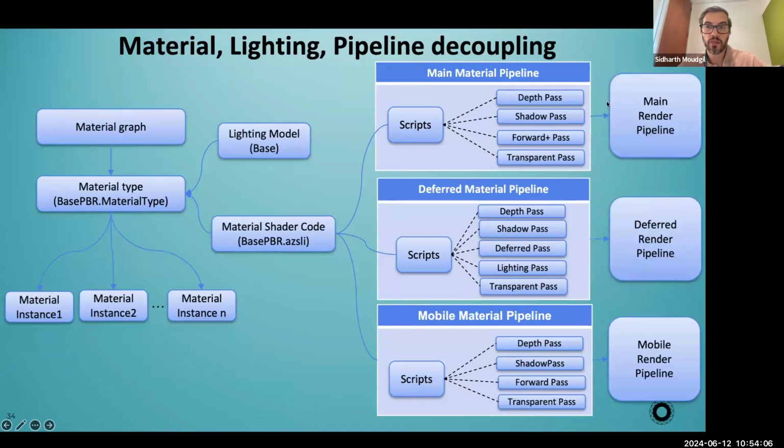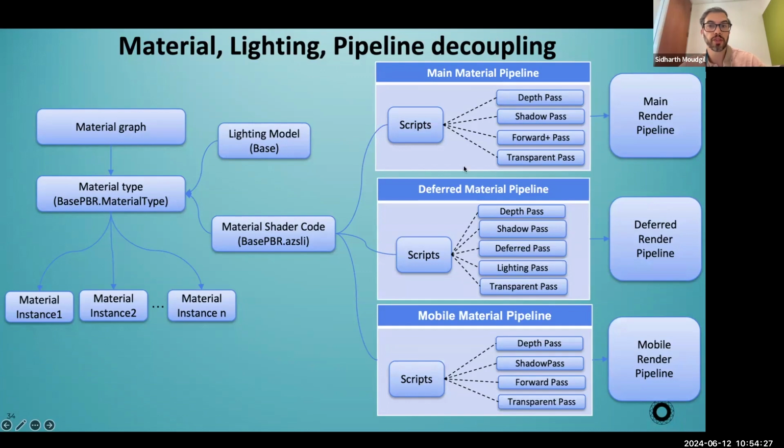All of this essentially gets fed to your render pipeline. This is how we've decoupled materials from lighting from pipeline. If you want to introduce a new lighting model, you should in theory just have to add a new lighting model and then make sure that it gets supported easily across all the pipelines.